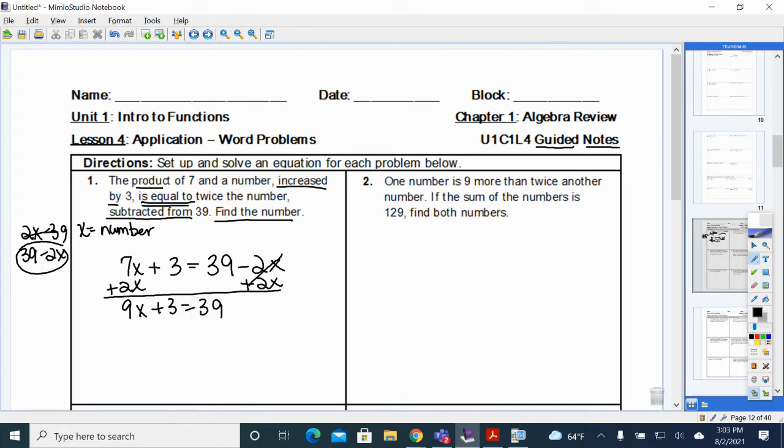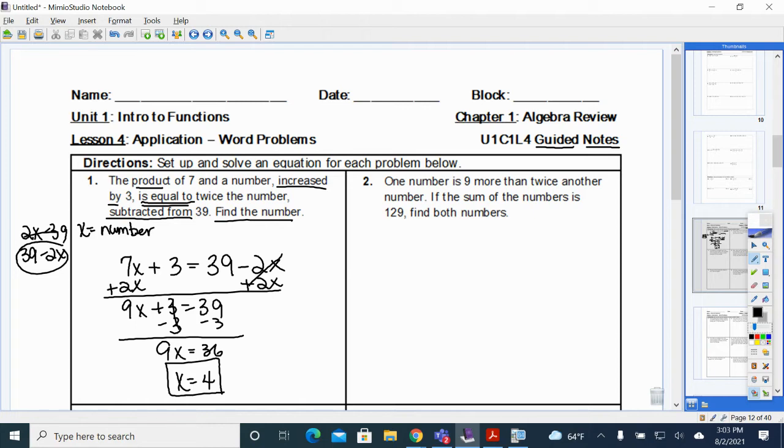And I'm going to subtract the 3. Again, we're trying to get variables on one side and your constants or your plain numbers on the other. 39 minus 3 is 36. Divide both sides by the 9, and you get x equals 4. So the number is 4.